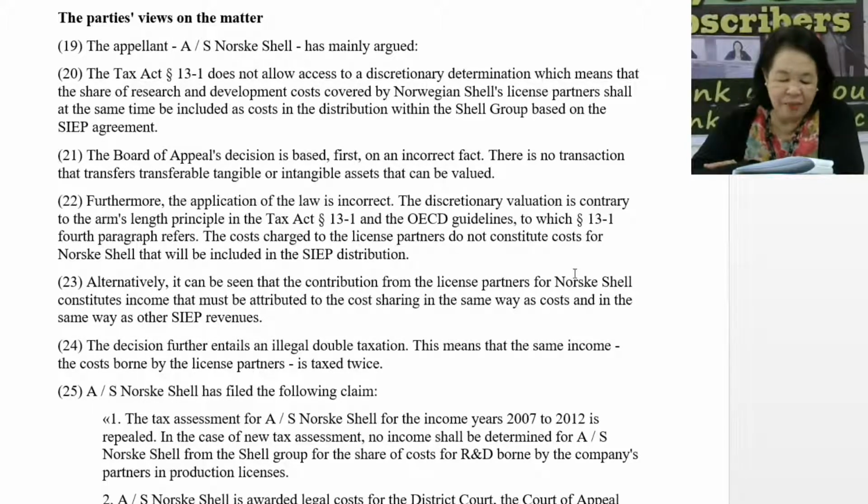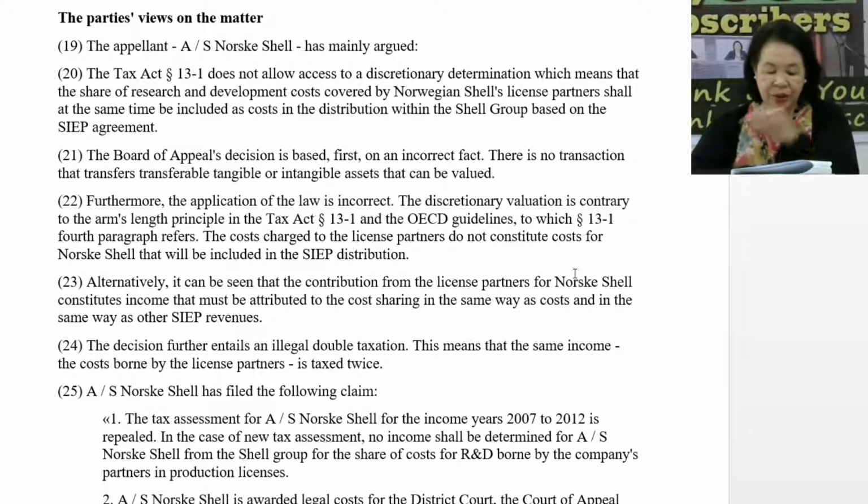This means that the same income, the cost borne by the licensed partners, is taxed twice. No? Bakit daw? Norske Shell has filed the following claim. The tax assessment for Norske Shell for the income years 2007 to 2012 is repealed. No?